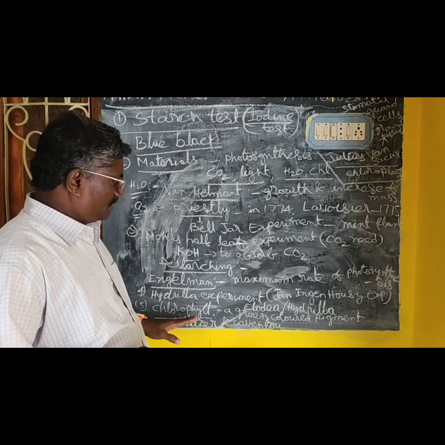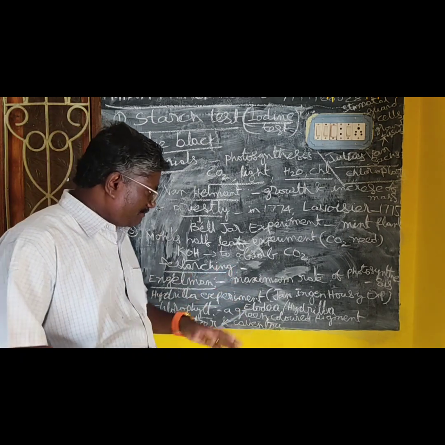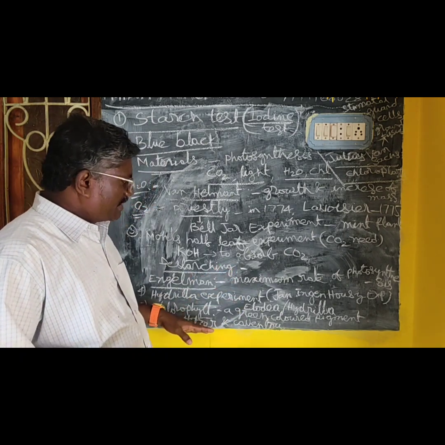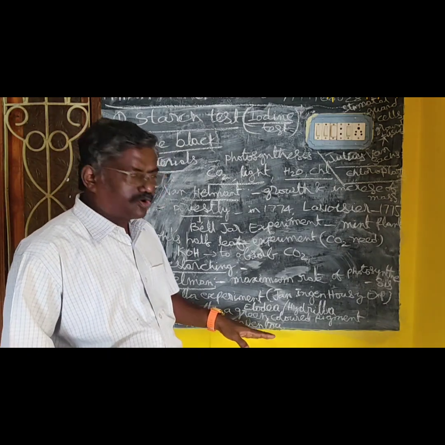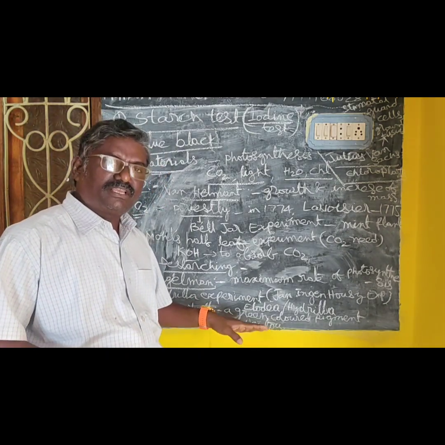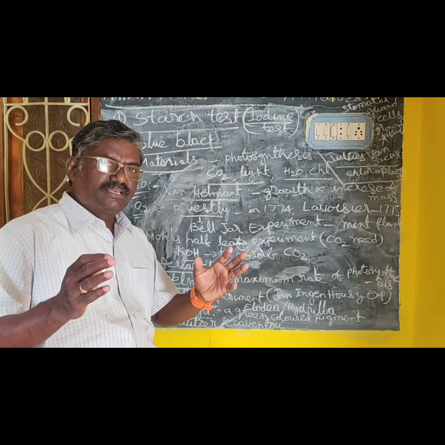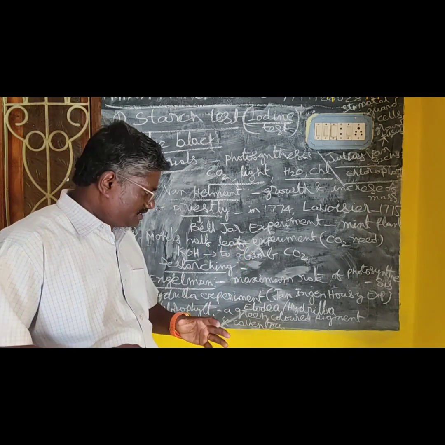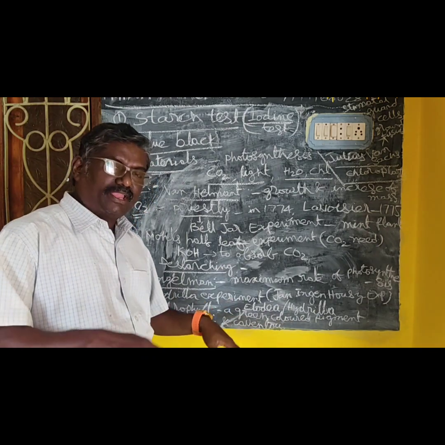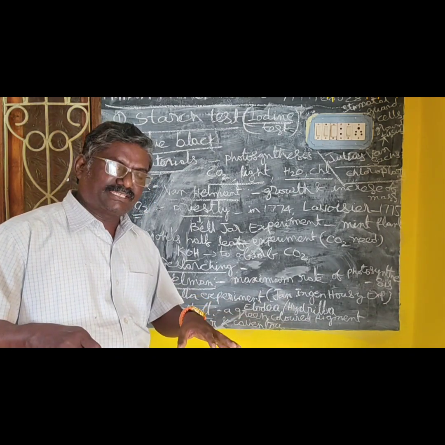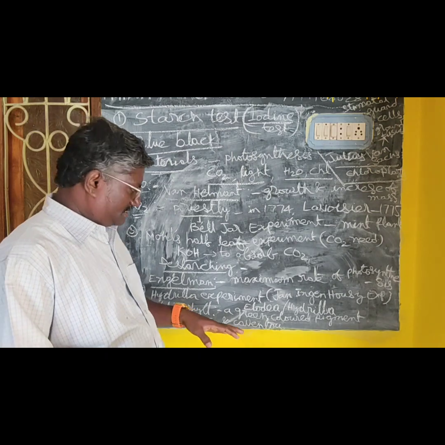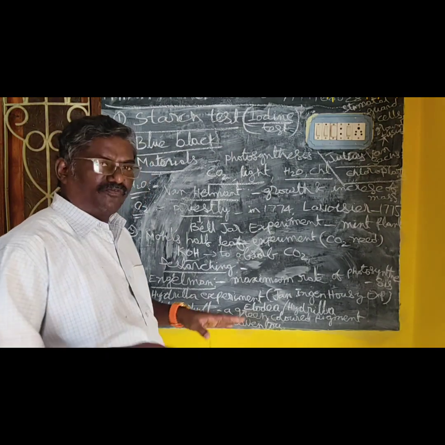The next, chlorophyll, a green colored pigment. Pelletier and Cavendish discovered chlorophyll, the green colored extract from the leaves, and they named the extract chlorophyll.